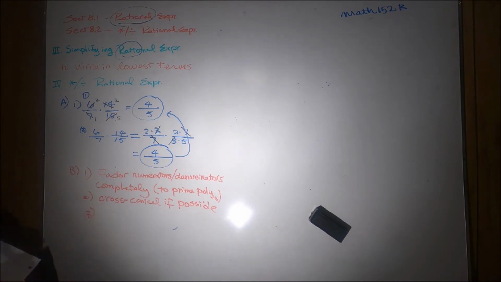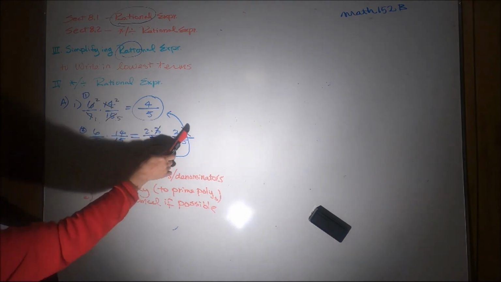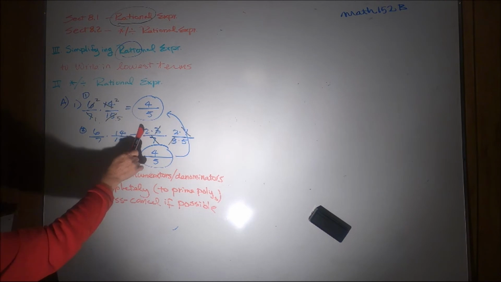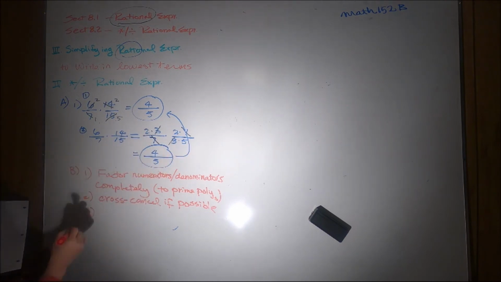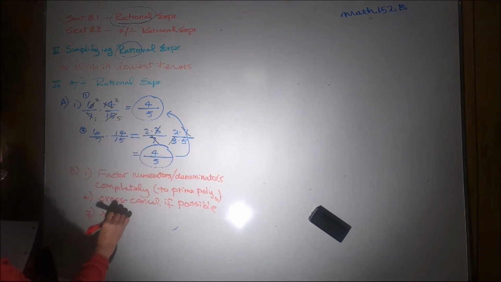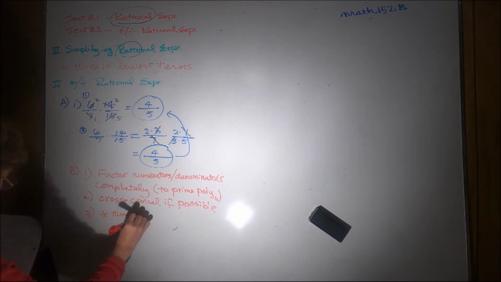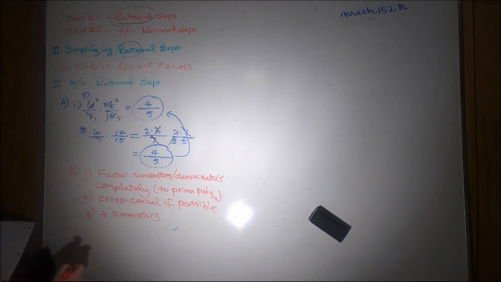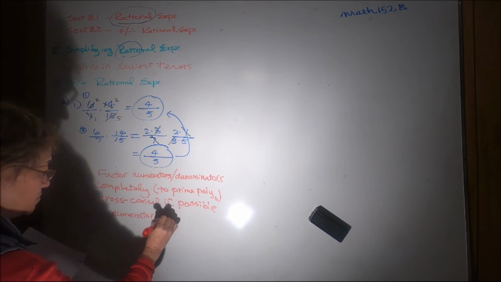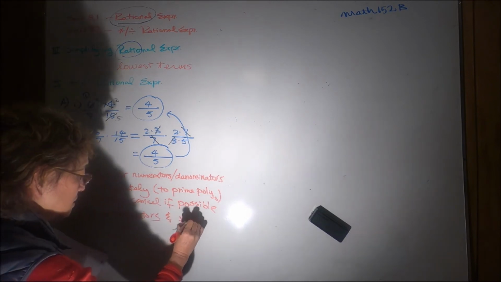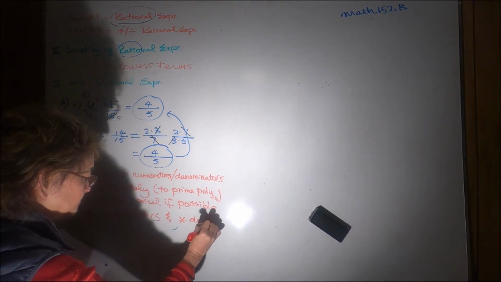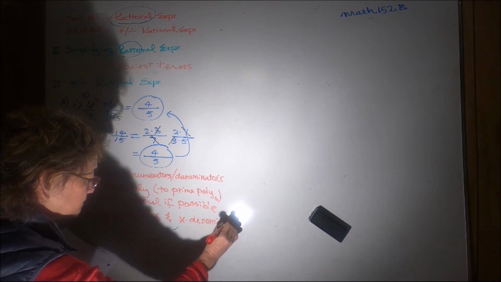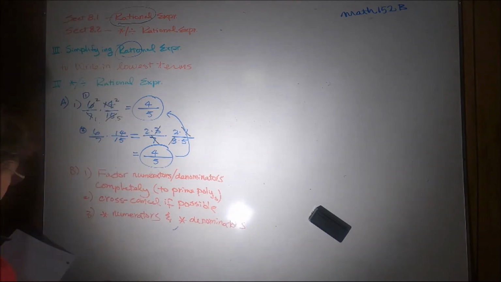Then what do we do after we cross cancel them? Then you multiply numerators and multiply your denominators, right?